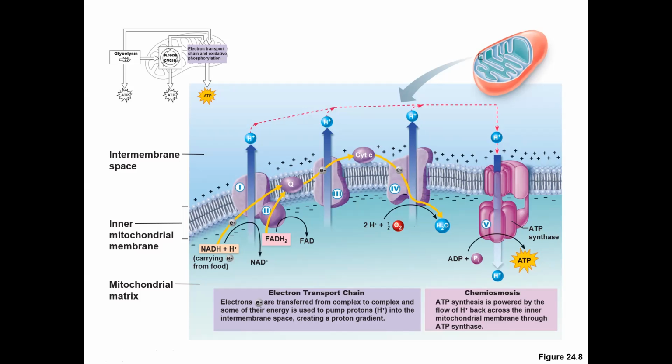Now in the matrix, the electrons reconnect with their hydrogens. Where did the hydrogens come from? Well, remember, the hydrogen concentration is always high out here. They want to reach equilibrium with what's in the matrix, so they're going to pass through the ATP synthase.